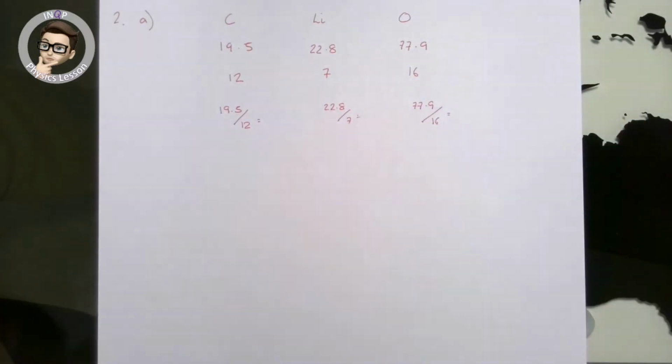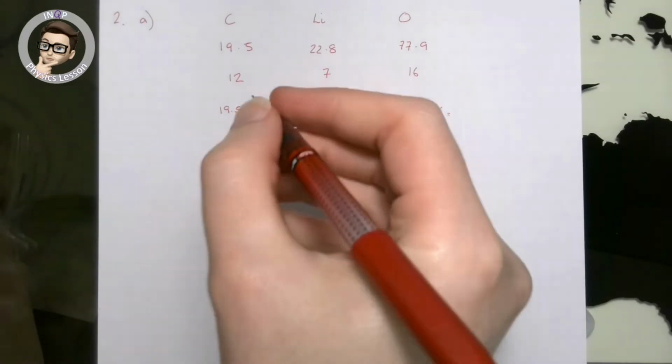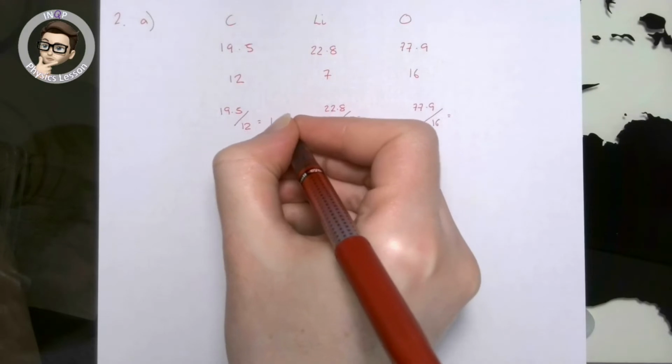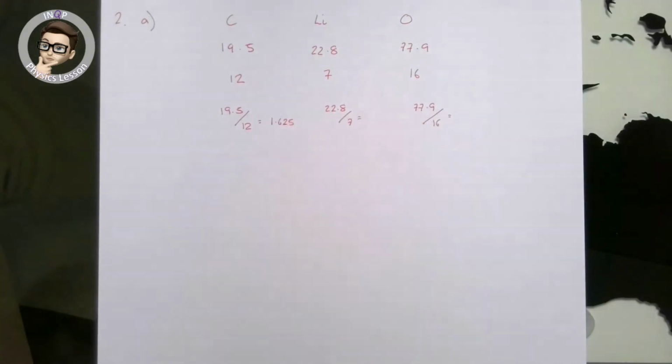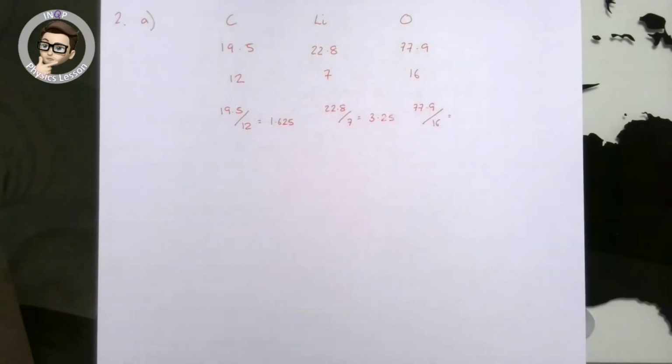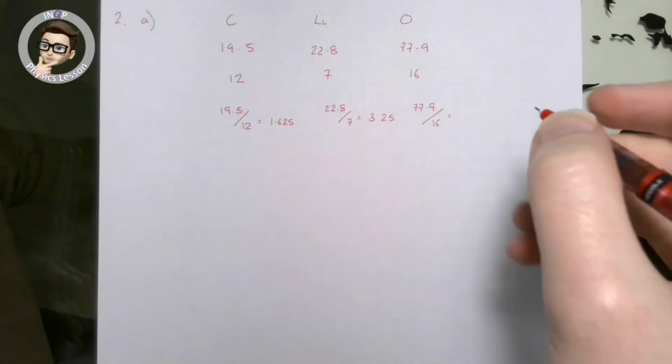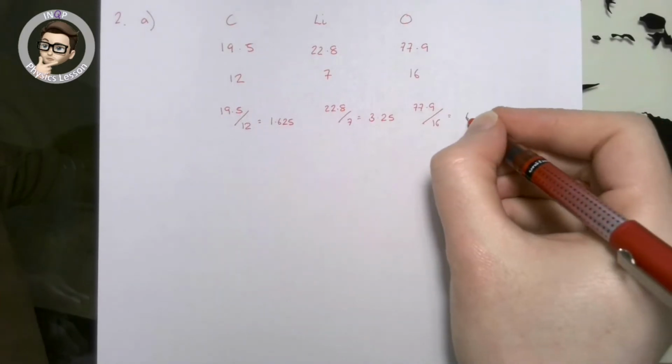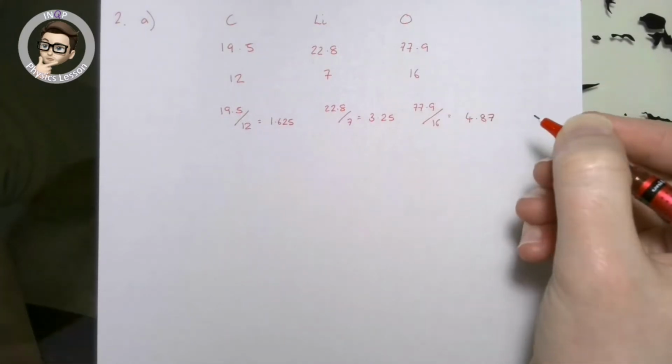If we do that on our calculators, 19.5 divided by 12 gives us 1.625. 22.8 divided by 7 gives us 3.25. And 77.9 divided by 16 gives us 4.87, rounding to 2 decimal places.